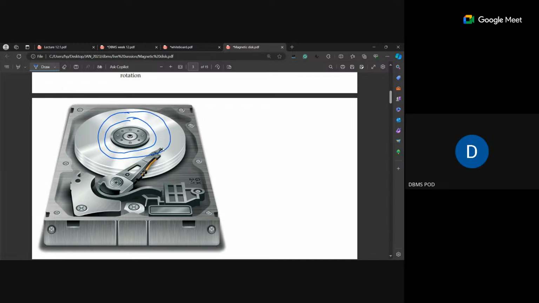You can see that the read-write head is present on this track. Suppose data is present in this track. First we have to move the read-write head to this track, right? This is called seek time. Now it's clear, right? Yes, sir. Thank you, sir.